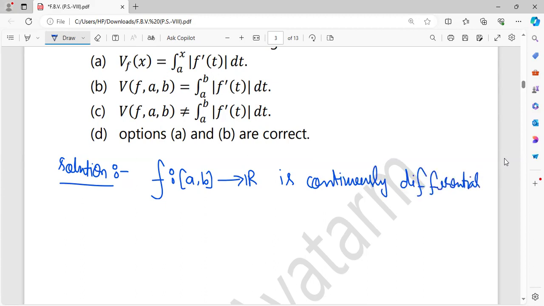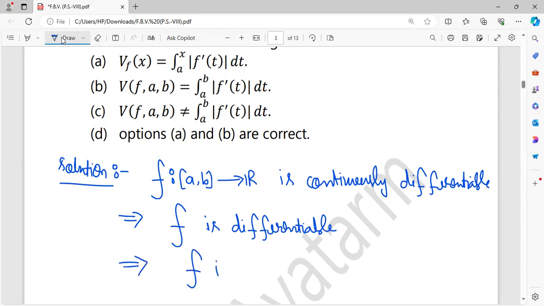If it is continuously differentiable, this implies f is differentiable, because the derivative exists and it is continuous. Since f is differentiable, this implies f is continuous.